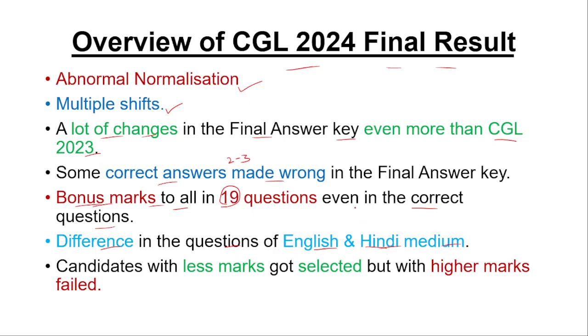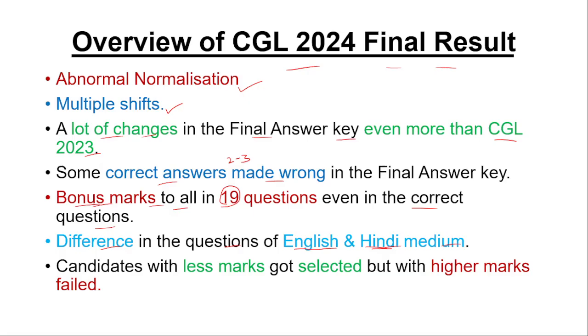For example, in a question of English subject, the question was different for English medium students, and a little different for the Hindi medium students. I don't understand why it was so, because the English subject is fully English now. You don't have to translate it to Hindi. The question should be the same. Then why was it different?